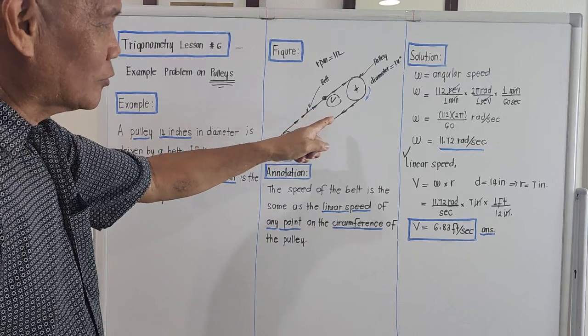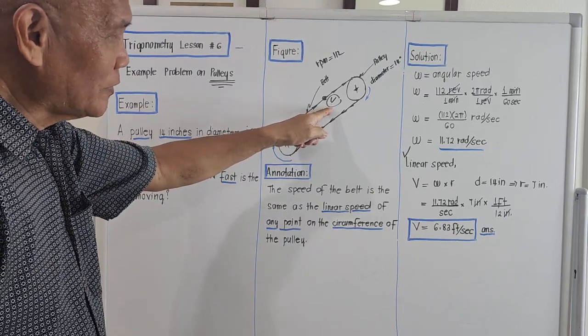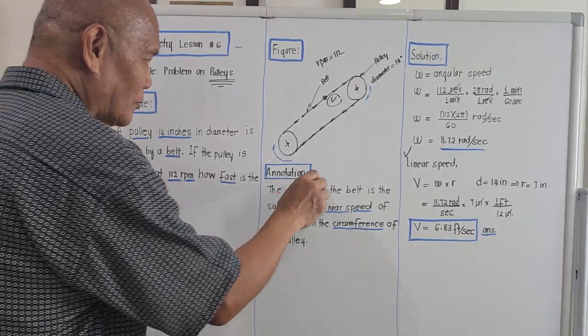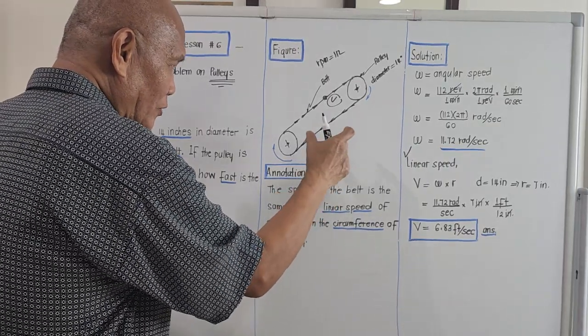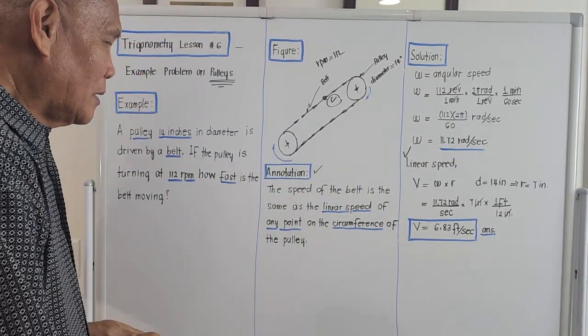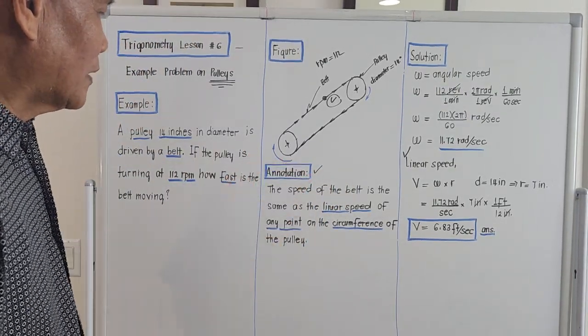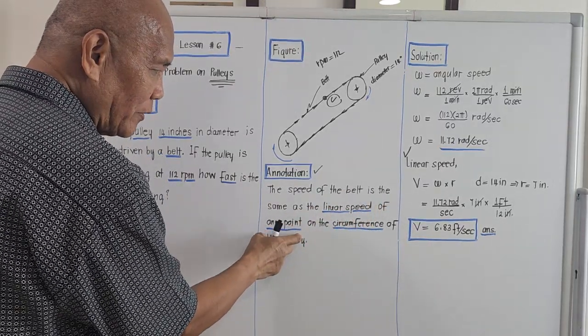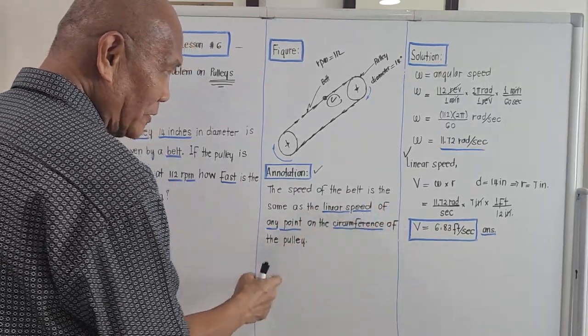If we are to compute for the speed of it, there is an annotation over here, because to solve this problem we must bring out this annotation. The speed of the belt is the same as the linear speed of any point on the circumference of the pulley.